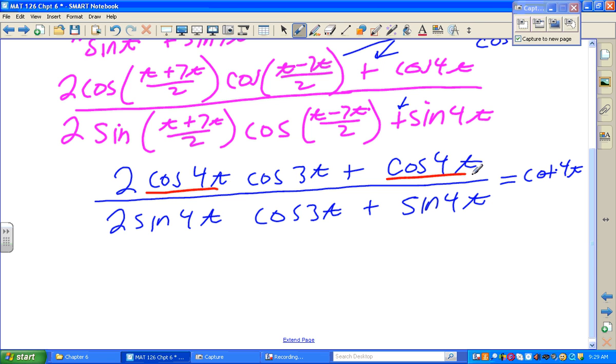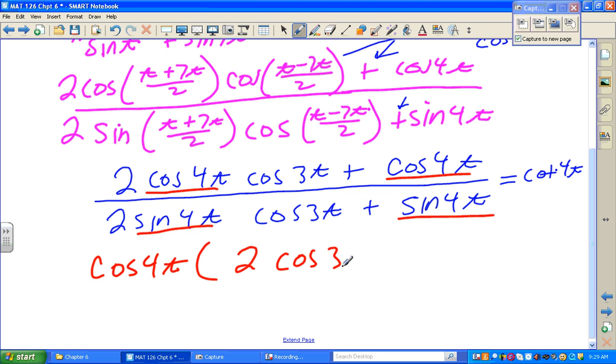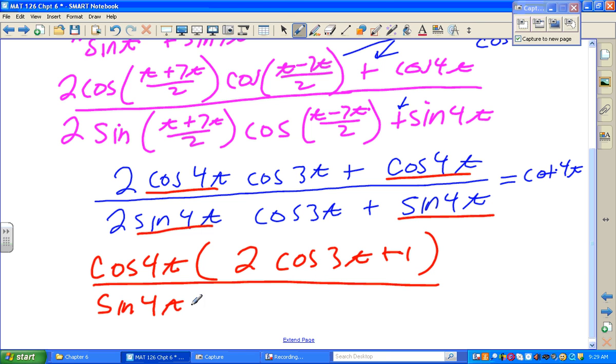Exactly. Look at that. You can't cross things off, but you can still go back to the old GCF. If you factor out a cosine of 4t, look at what you're left with. 2 cosine 3t plus 1 all over sine 4t times 2 cosine 3t plus 1.